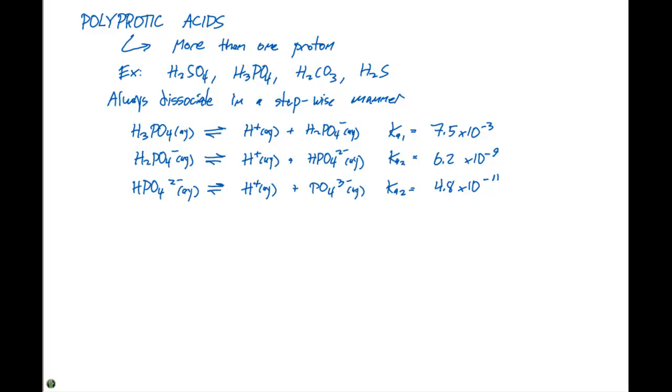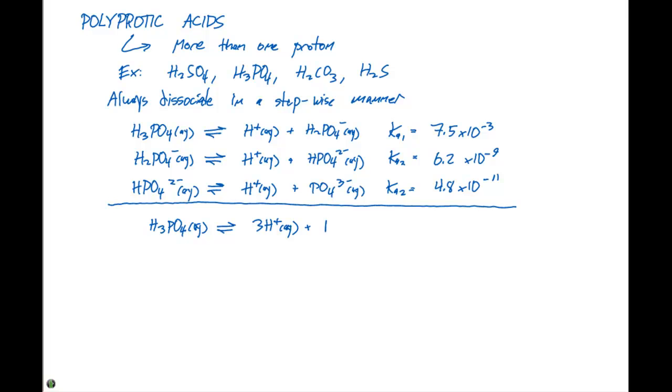So here we have each of these K expressions, and we can write a reaction for this entire process. Remember that if we have a multi-step process, we can cancel out all the intermediates and write the overall equilibrium expression, and that's going to be H3PO4 in aqueous solution, in equilibrium with 3 H plus ions in solution plus PO4 3 minus ions in solution.